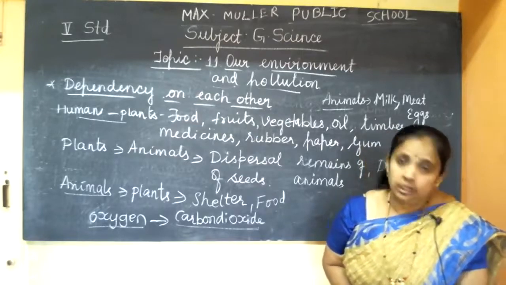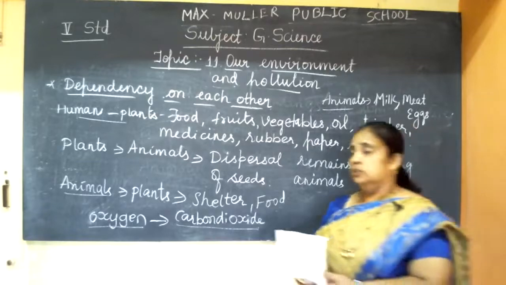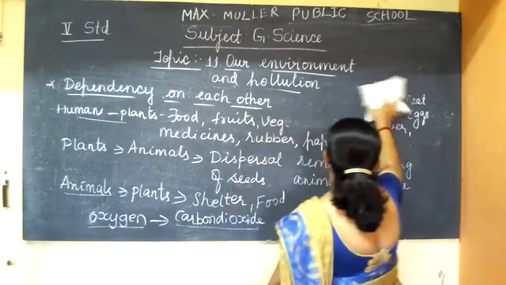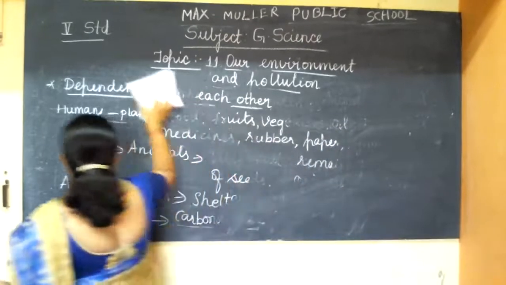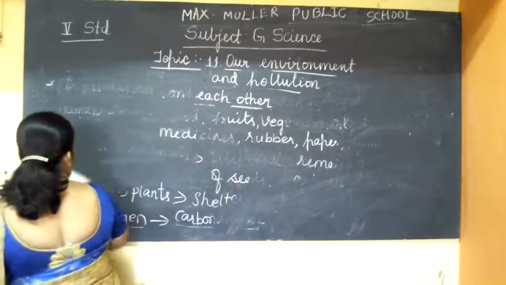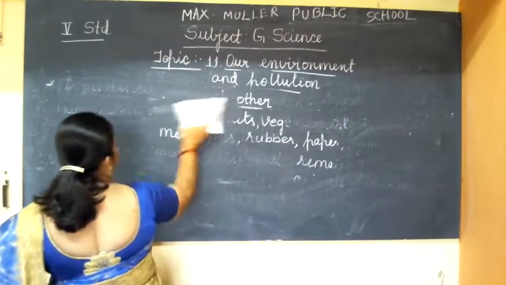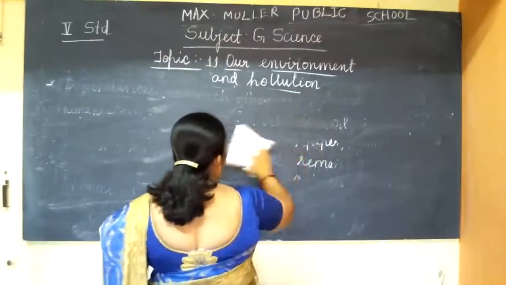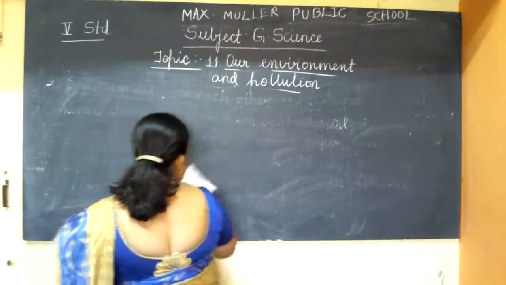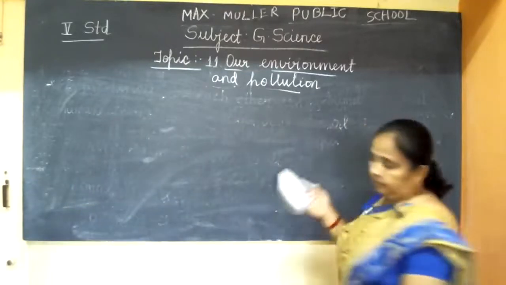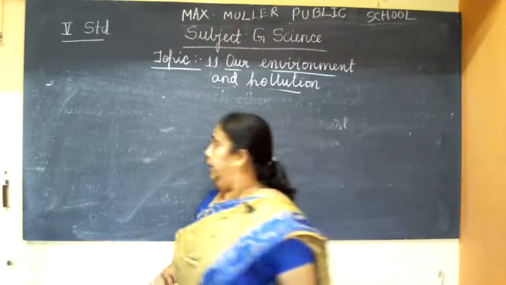Not only that, but because of using all those things, the natural resources present in the environment, like the air, water, soil, are becoming contaminated. Okay, so what do you call contaminated? It is becoming dirty. So that contamination of the air.